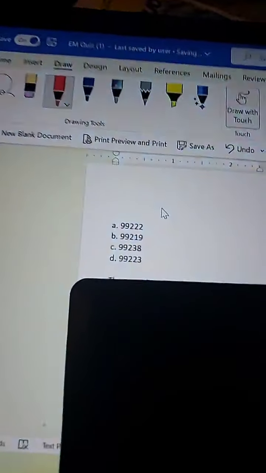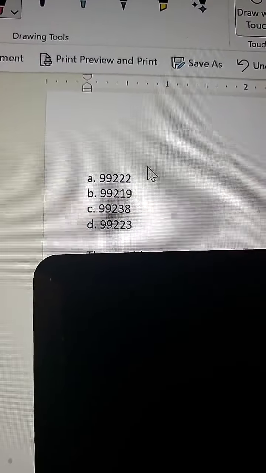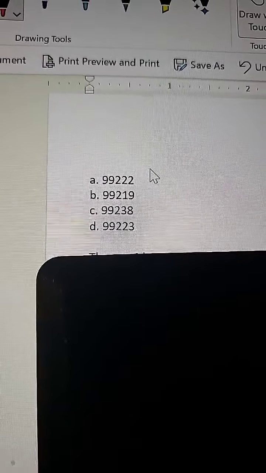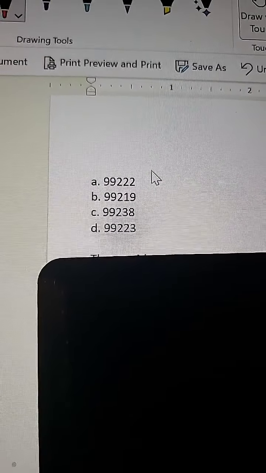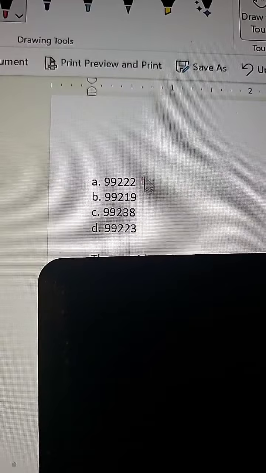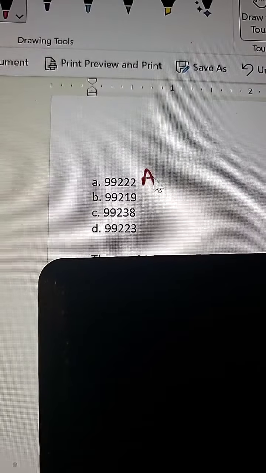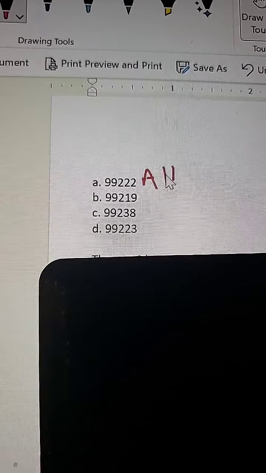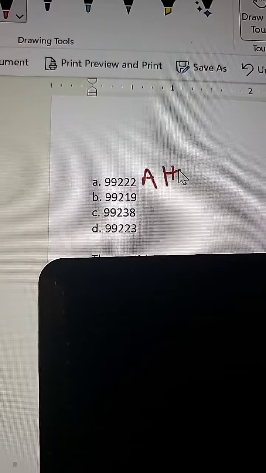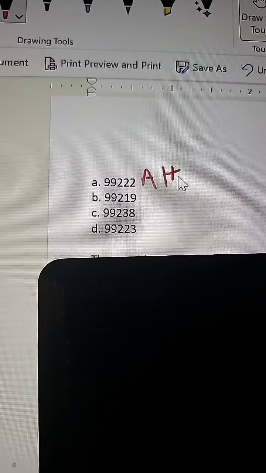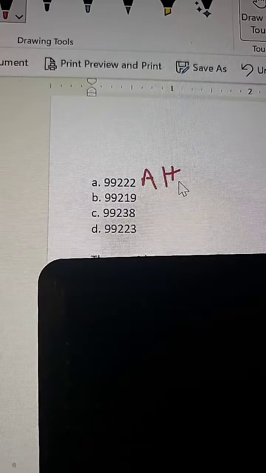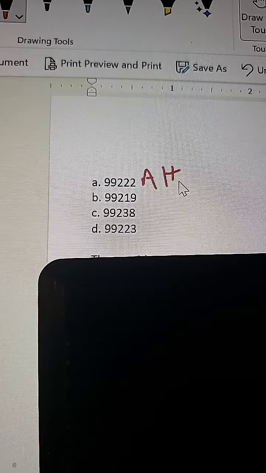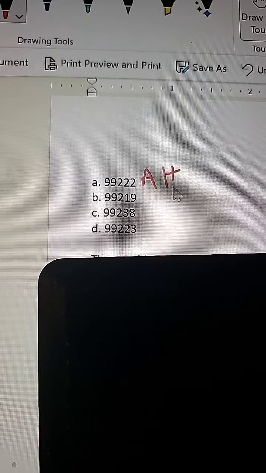Let's go see what's going on with these codes. 222 is initial admit hospital care, so admit hospital. 19, is that a discharge? What is that? What's our 19? Nope, initial observation.